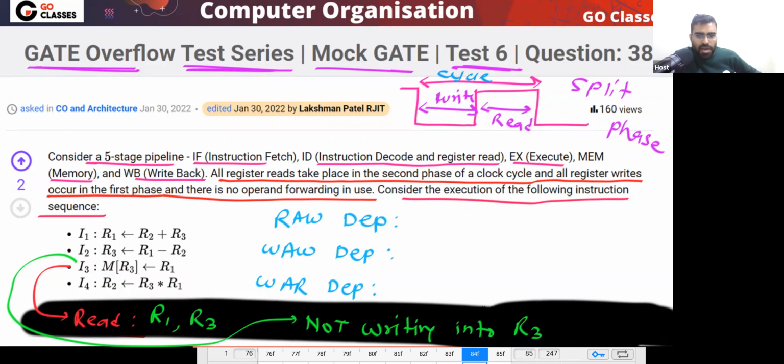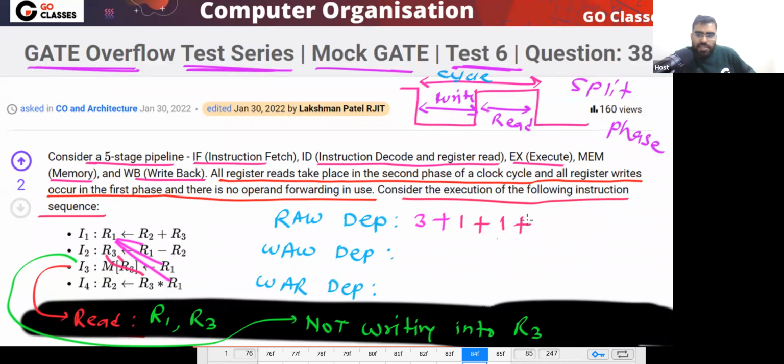Now you tell me, how many RAW dependencies? You can notice this is a RAW dependency, this is a RAW dependency, this is a RAW dependency. Clearly 3 dependencies, plus this is a RAW dependency, plus one more.